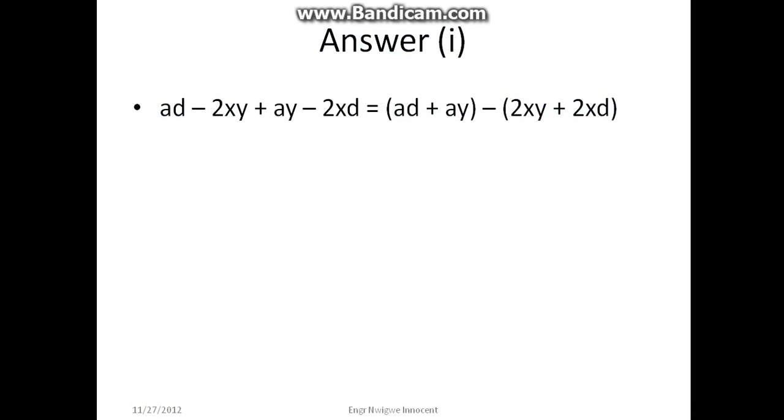2xy plus ay minus 2sd. Since a is common, we group ad and ay in one bracket, and minus, we group 2xy and 2sd in another bracket because they have 2s in common.